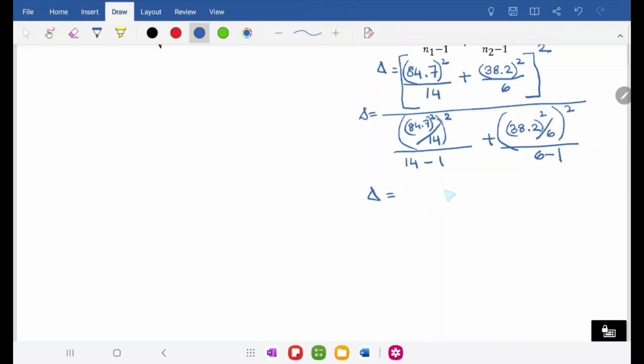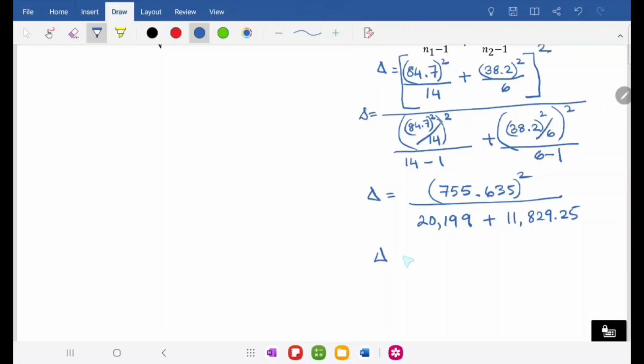So the numerator will calculate to 755.635 squared. Over the numerator, this whole calculation comes to 20,199 plus the second term of the denominator, which comes to 11,829.25.